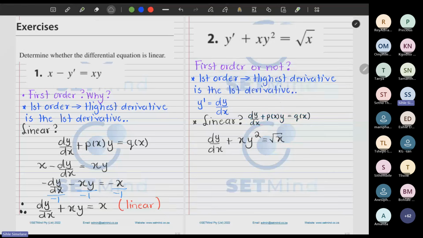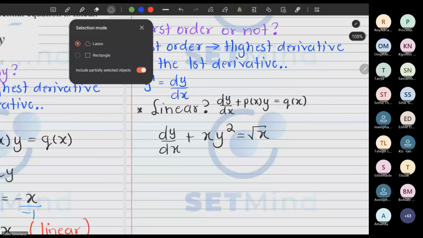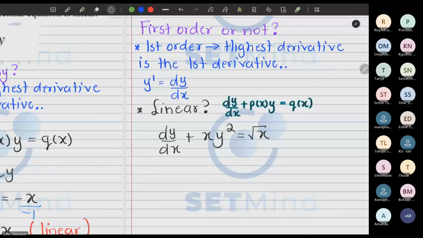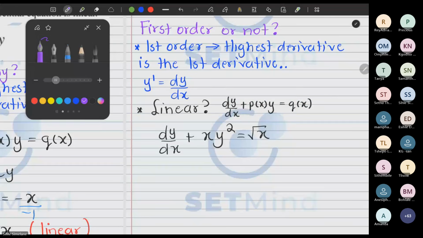What are your thoughts, guys? Are you saying this differential equation is linear? Any volunteers, guys? Is this a linear differential equation or what?